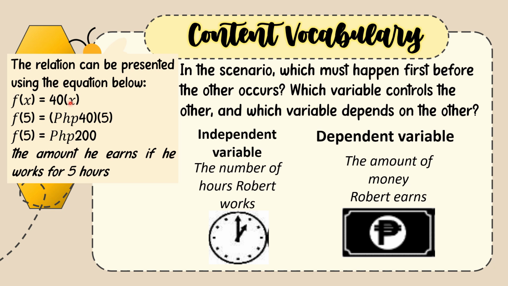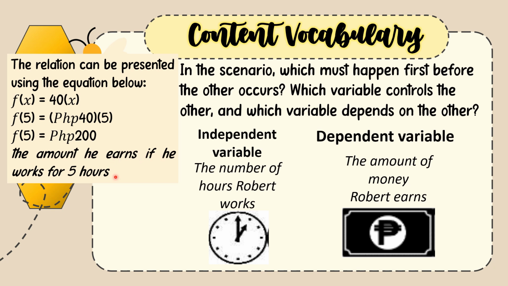If you have the hourly rate of Robert, which is 40, and Robert works for 5 hours, you replace the variable x with 5. So 40 times 5 is 200 pesos, and that's the amount he earns if he works for 5 hours.